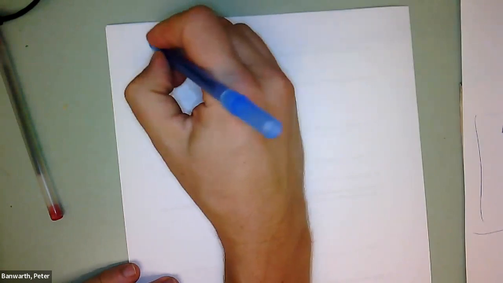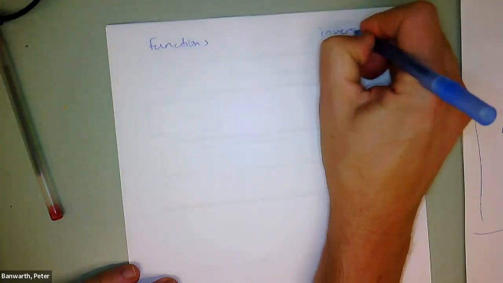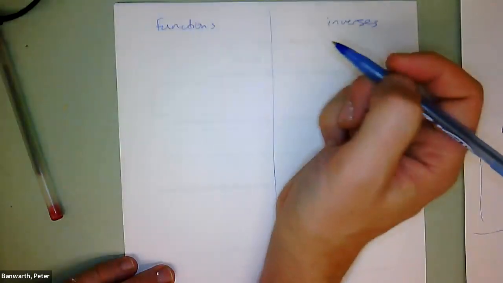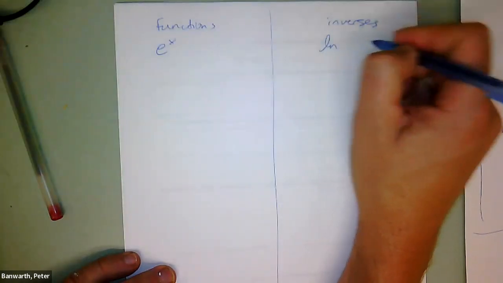So now let's just talk about types of inverse functions. If I list my functions here and my inverses here, I'm just gonna make a nice long table. So let's start with the ones we know. e to the x, the inverse is natural log.